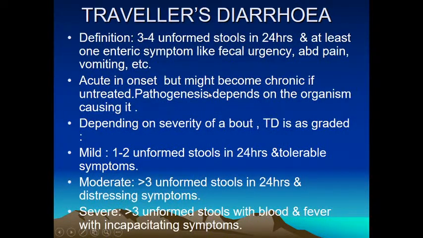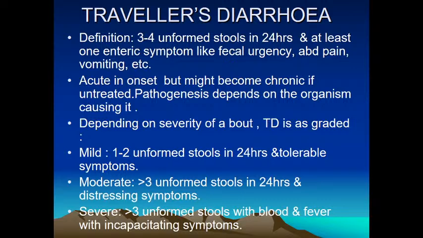We will not go through this. We just mentioned traveler's diarrhea. Traveler's diarrhea is a condition where, especially when foreign tourists come in, they come with diarrhea, and they call it by various terms, such as Bombay tummy.